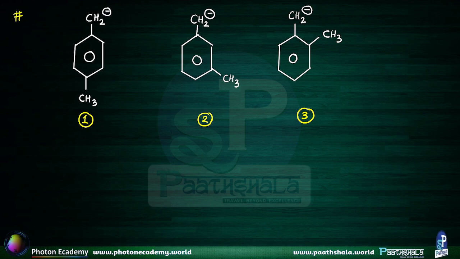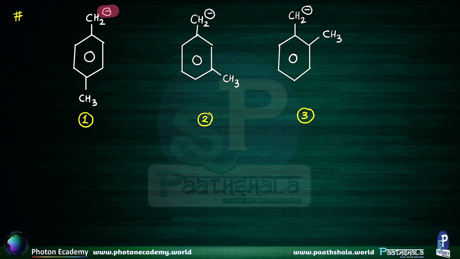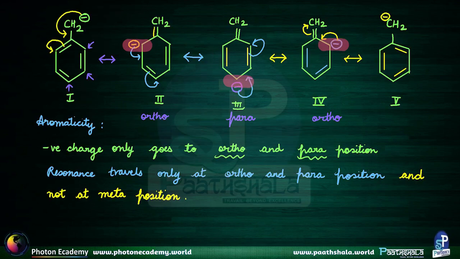So if I am concerned with a resonance effect, I see that there is a negative charge and I have a double bond in this whole region inside. This circle highlights that we have electron density inside the whole body of the benzene. What I noticed in the previous case is that resonance travels only at ortho and para position.